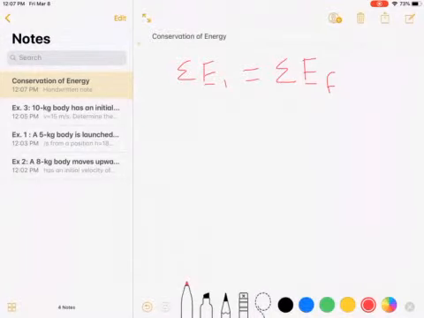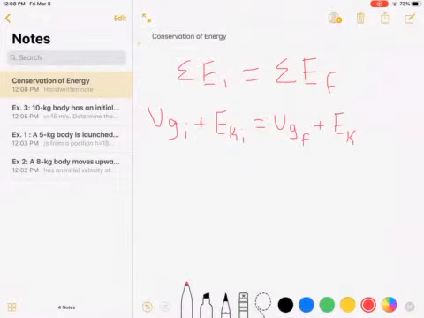So we have potential energy before plus kinetic energy before equals potential energy after plus kinetic energy after plus any energy that is lost as heat due to friction during an interaction.